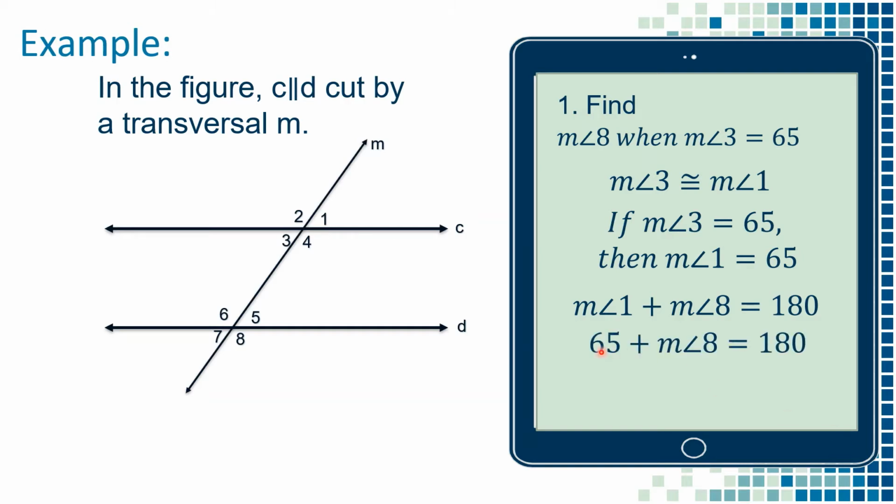So we have 65 plus the measure of angle 8 is equal to 180 degrees. To solve the measure of angle 8, we subtract 65 from both sides of the equation. So the measure of angle 8 is equal to 180 minus 65, and the measure of angle 8 is now equal to 115.